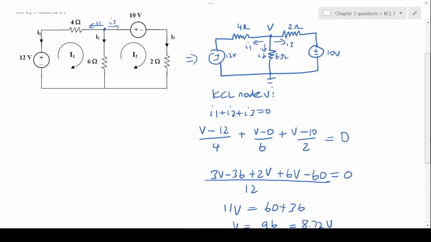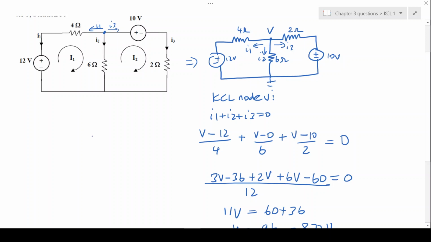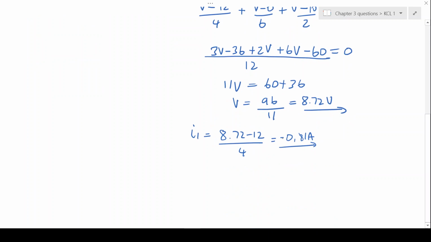This means that the current I1 must be flowing in the opposite direction. We should expect this because current, according to passive sign convention, is usually from the source around the circuit to the negative terminal of the source. So we should expect current to flow in this direction, and the sign tells us that the opposite direction to what we've chosen is actually the direction that we should have chosen. So the current flows in a clockwise direction and has a value of 0.81 amps.